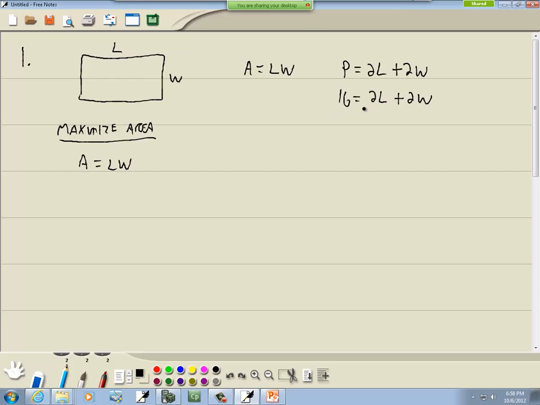Well, if I come over to the formula for perimeter, we could solve this for L. So I'm going to take the 2W over to the left side. So I got 16 minus 2W is equal to 2L. Divide everything by 2.